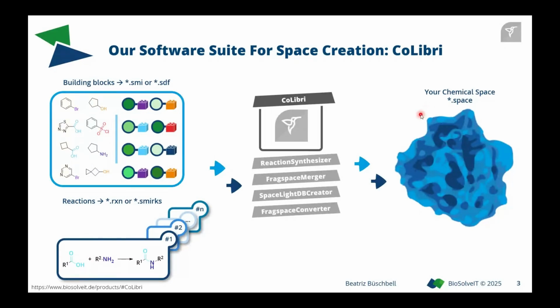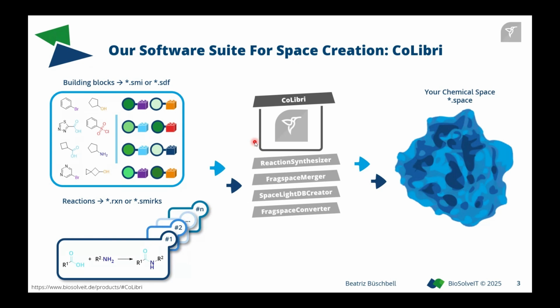So the ingredients for your chemical space are simple. It's the building blocks and the reactions. The building blocks can come from any source, but to make your space tangible and accessible, you would rather choose a vendor that has in-stock building blocks. So commercial libraries are perfect for that. You should also pay attention to delivery times to make it make on demand.